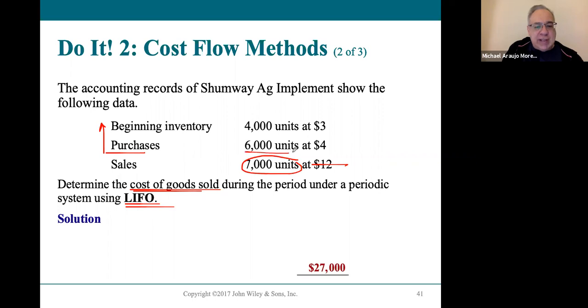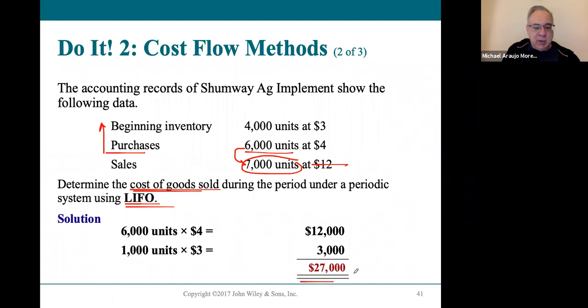So all 6,000 units of the purchases have been sold, and we need 1,000 more of these to complete the 7,000. So 6,000 at $4, 1,000 at $3. When you compute that, you'll get $27,000 as the cost of goods sold using the LIFO method.